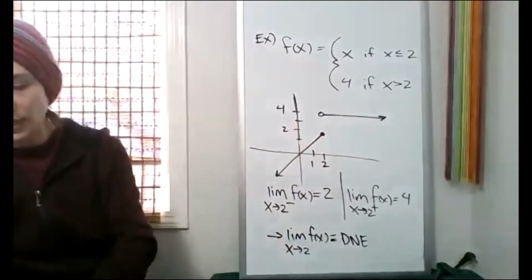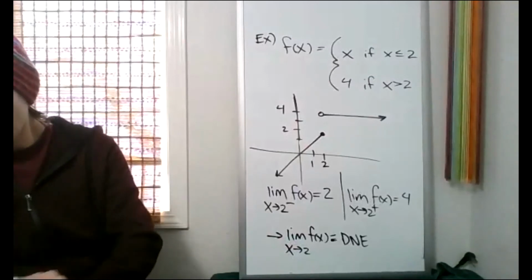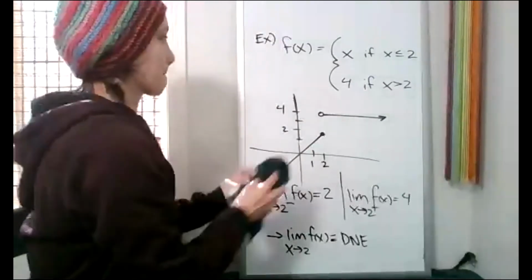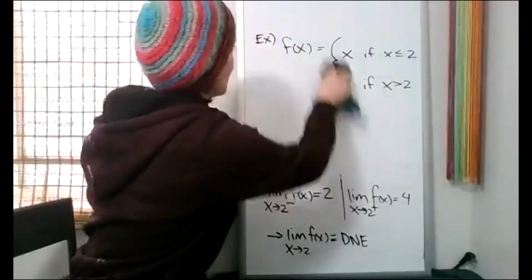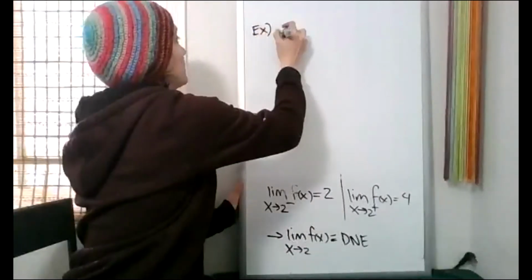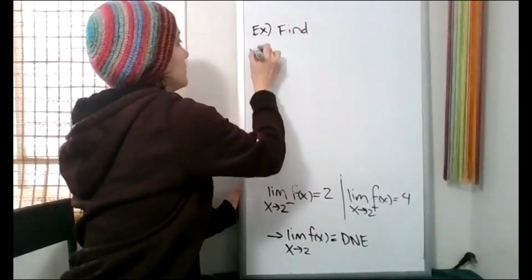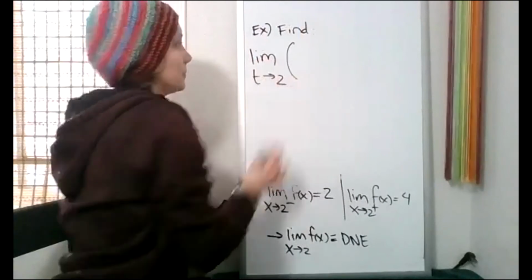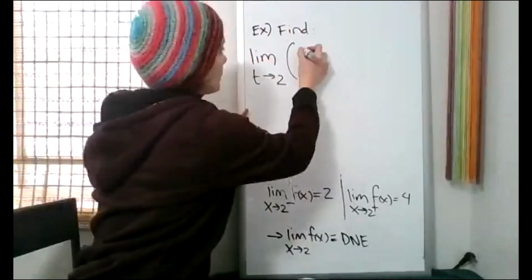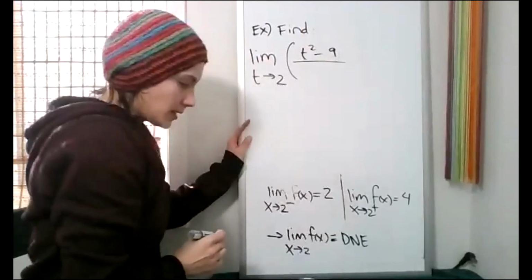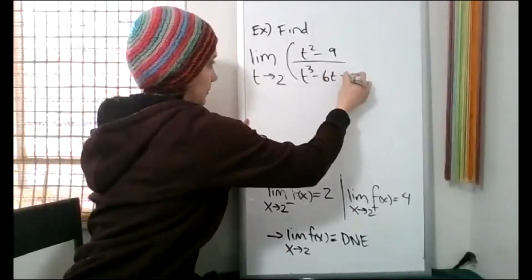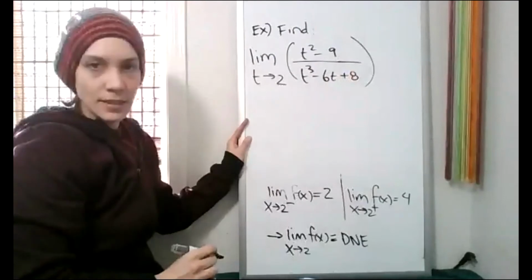All right, let's do one more, and then that'll be enough practice, I think. Okay, let's see. We're going to try the limit as t goes to 2 of t squared minus 9 over t cubed minus 6t plus 8, and the whole thing is squared.